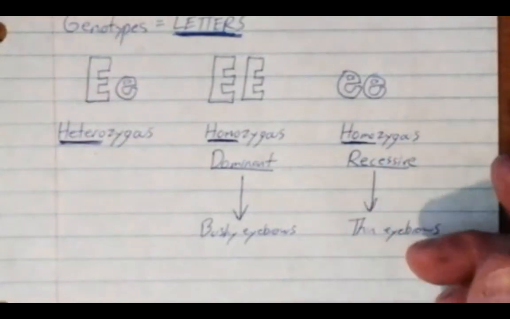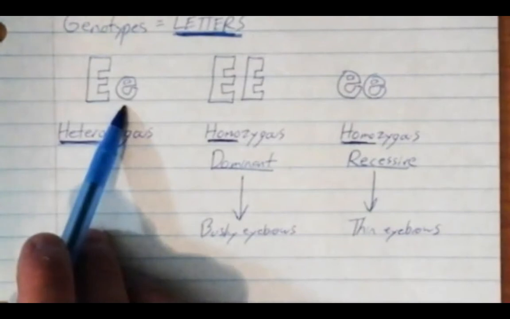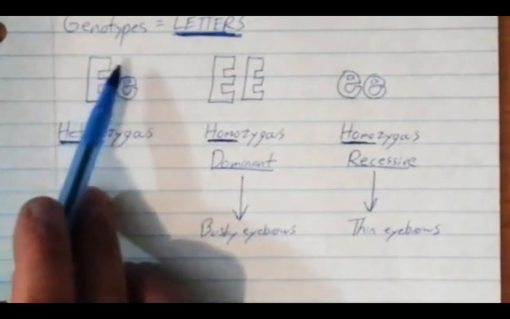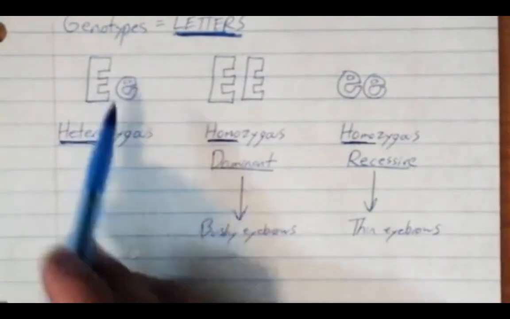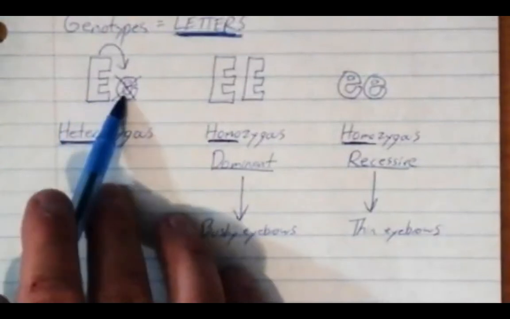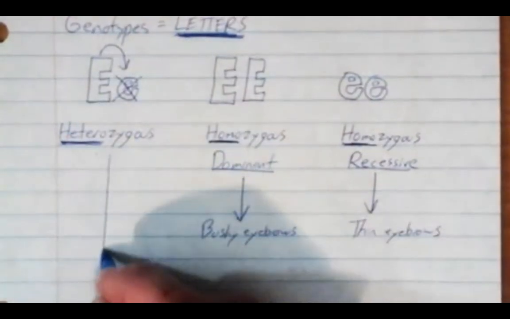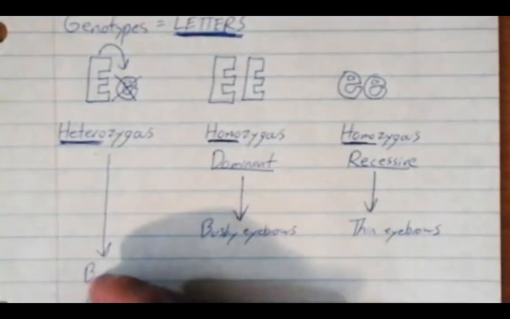Okay. This person has one of each. What will they have? Well, like we said, the capital dominates over the lowercase. So in this case, this dominates over that, almost like that isn't even there. Even though it is there, it acts like it's not there. So the capital wins. So this person will have bushy eyebrows.